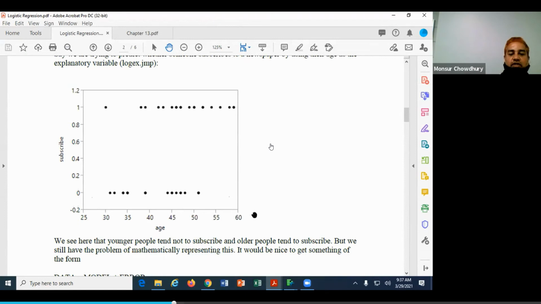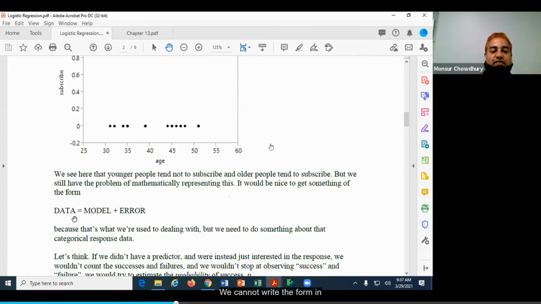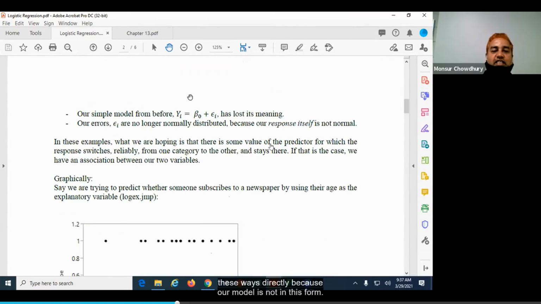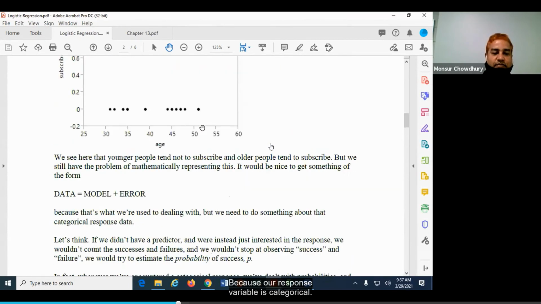So the question is that we still have a problem describing this situation mathematically. It would be nice to get a model of the usual form, but we cannot write it in this way directly because our response variable is categorical.